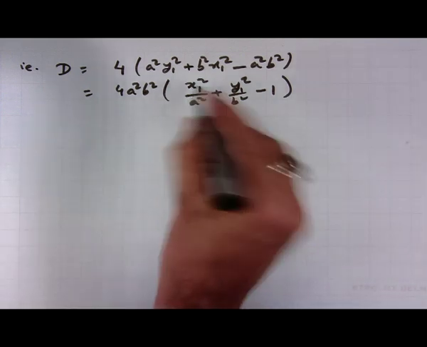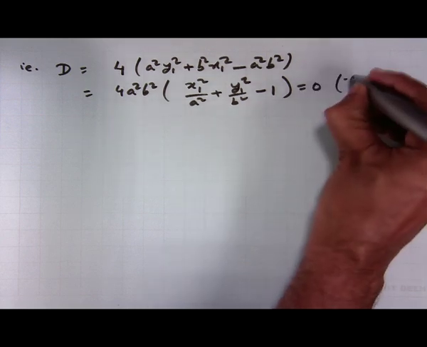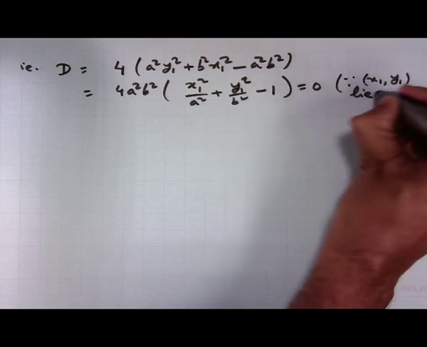But (x1, y1) lies on the ellipse. So, this is equal to 0 since (x1, y1) lies on the ellipse.